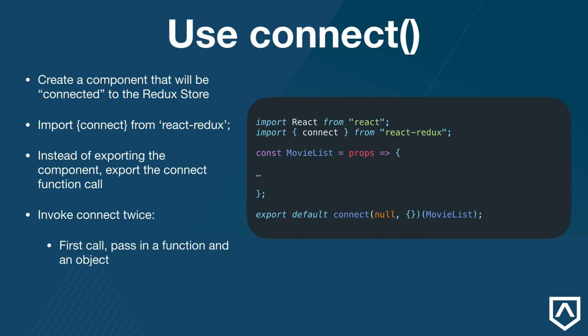The first time that we invoke connect, we pass in a function and an object. Right now, since you need to pass in 2 arguments to this first invocation, we just pass in null and then an empty object. The second call, we pass in the component that we're connecting.